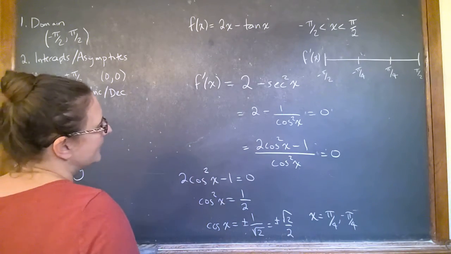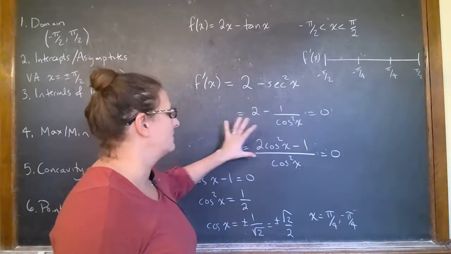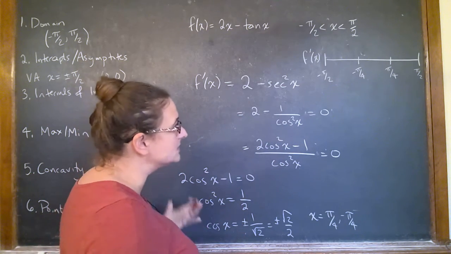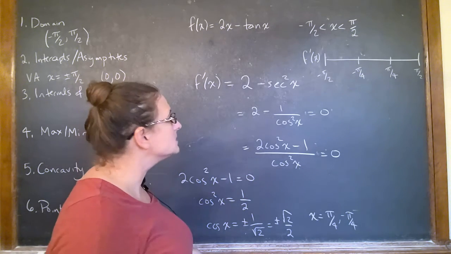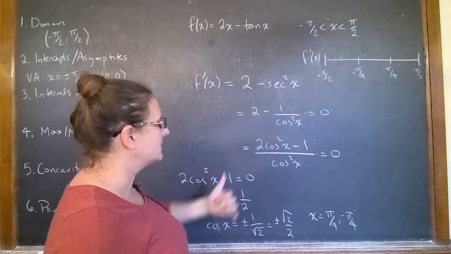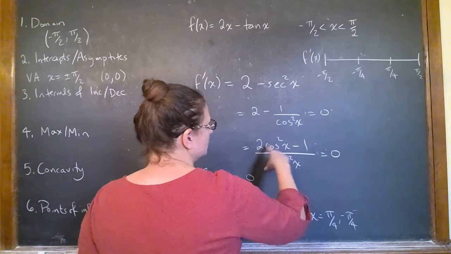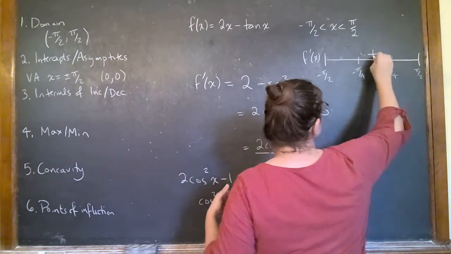Now, I'm going to try some points and see what the sign is. Of course, if I try x equals 0, this would be 2 minus 1, which is 1. This is positive in here.